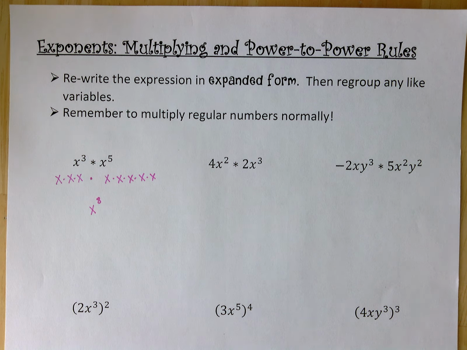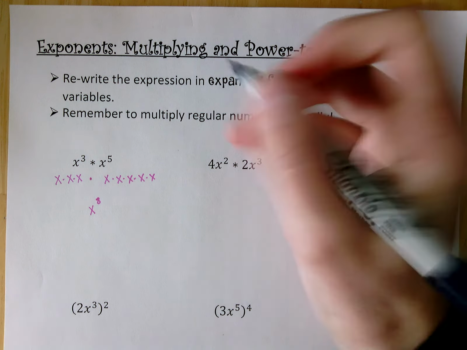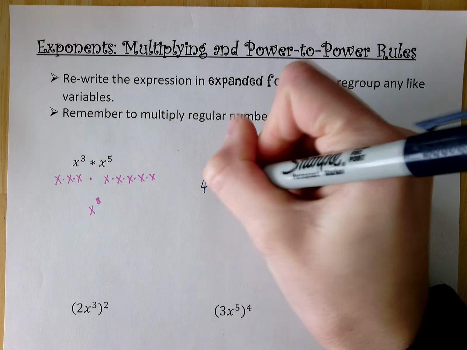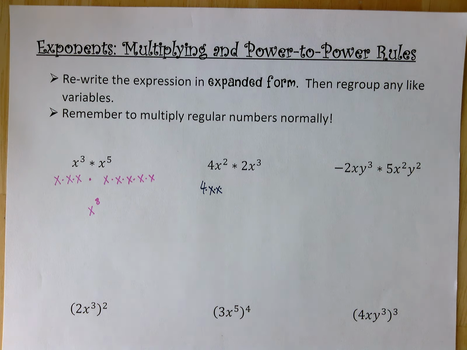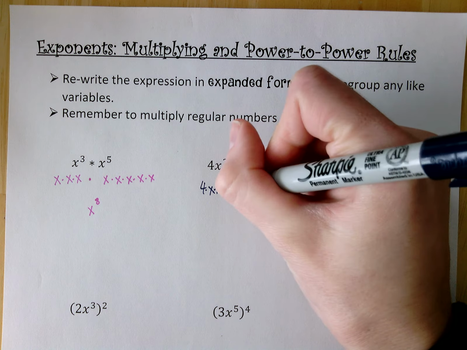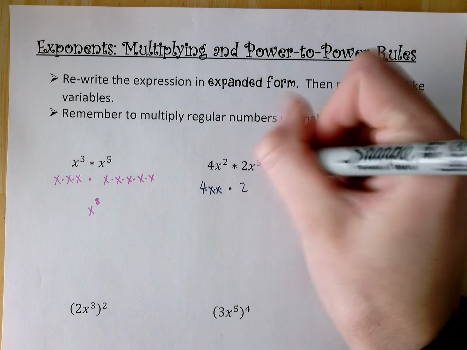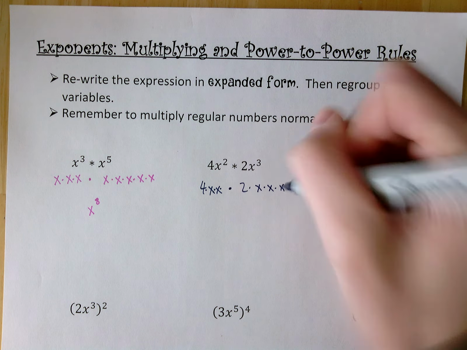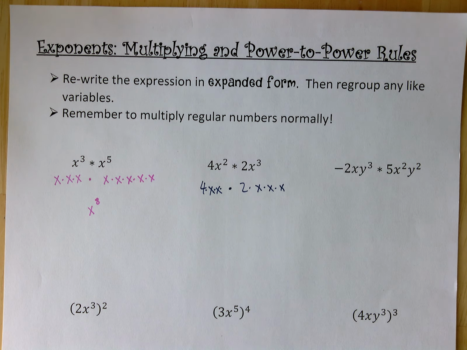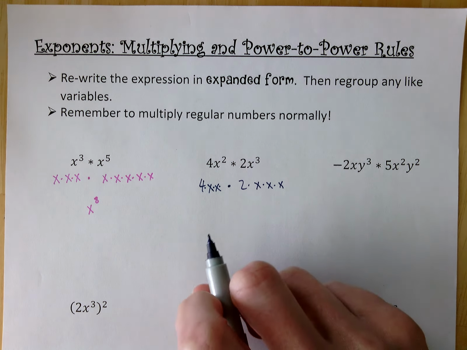This one right here, we're going to do the same thing. 4x squared means a 4 and 2 x's, so it's 4 times x times x. Then we're multiplying that by 2 times x to the third, so it's 2 times 3 x's. From there I can regroup.